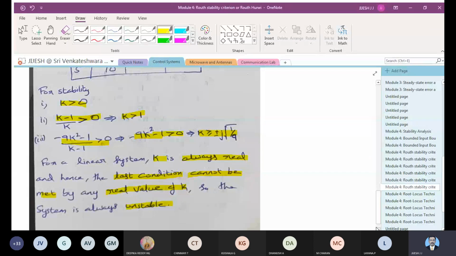So this problem turns out to be an unstable system. All of you can make a note of this. That is very important. Here, what you have to understand is k has to be always a real number, and since here it is coming greater than or equal to plus or minus j root of 1 by 9, you have to go with instability.